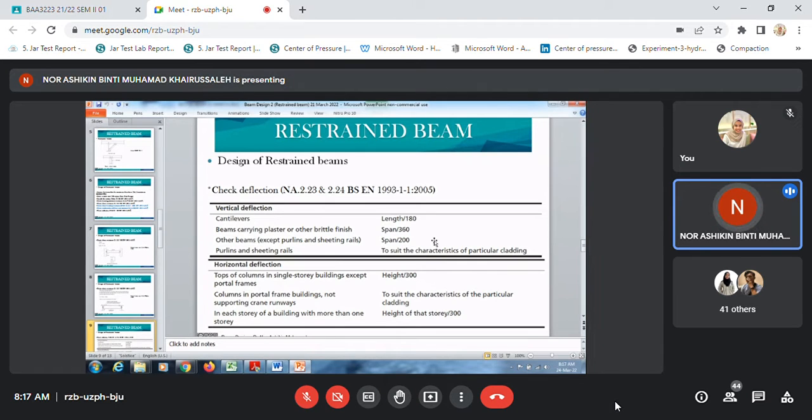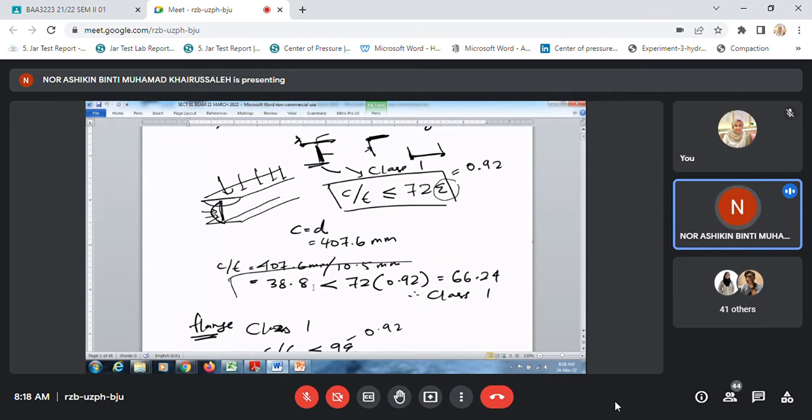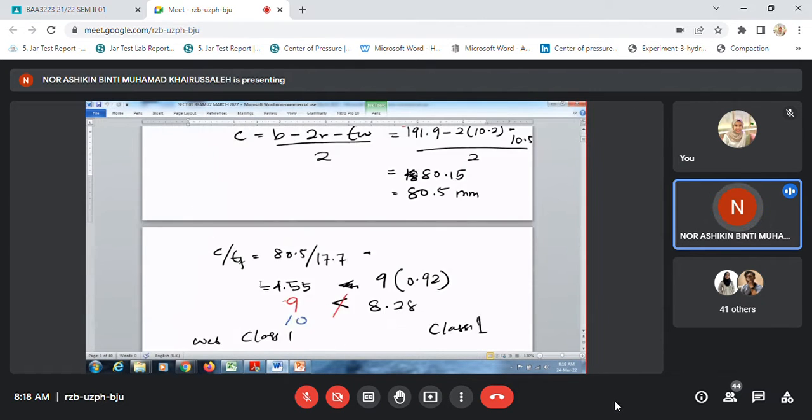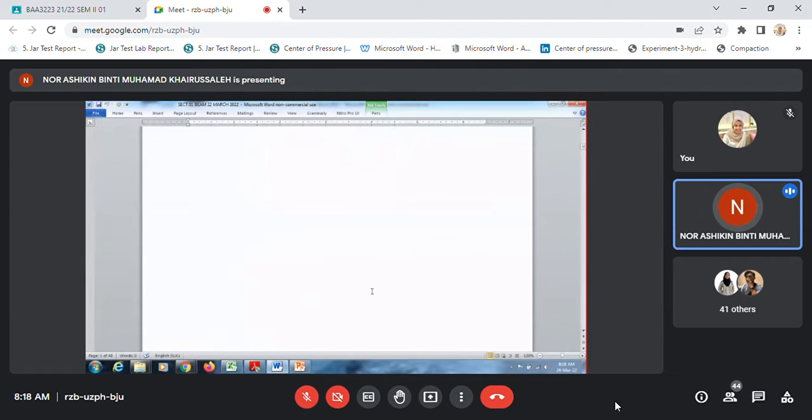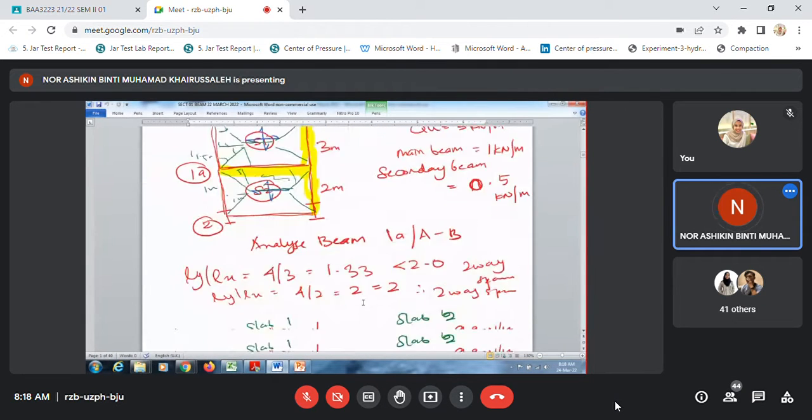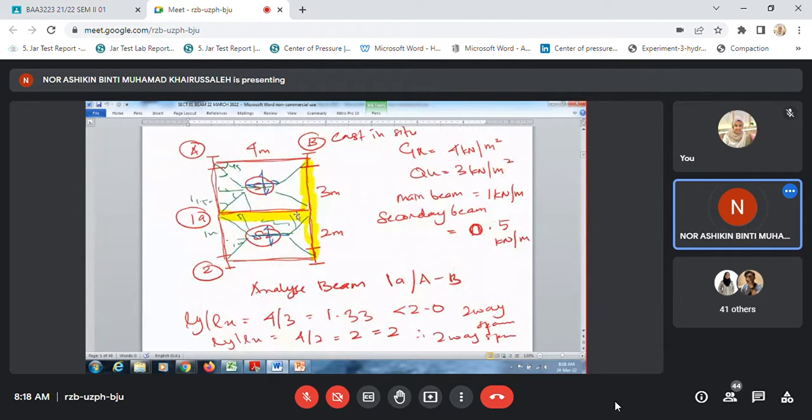Okay, so therefore, what we're going to do is the vertical deflection for the beam. For the span, it is span divided by 360, based on our calculation for this beam on Tuesday, the one that we did for this beam.